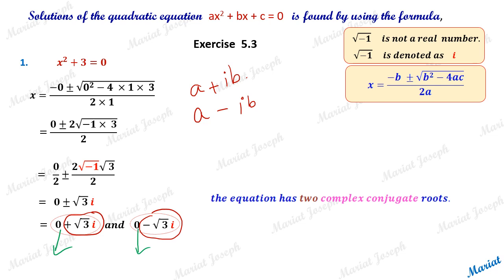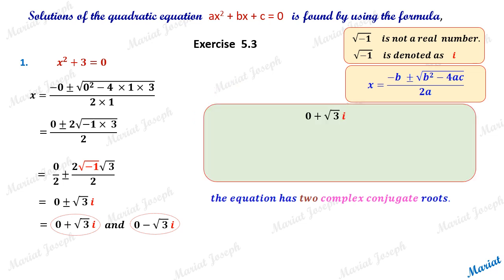You have heard this word conjugate when you did surds in class 9. You will remember if I say rationalize the denominator, we used to multiply by the conjugate. A similar work here also, complex conjugates. You change the sign of only the imaginary part.